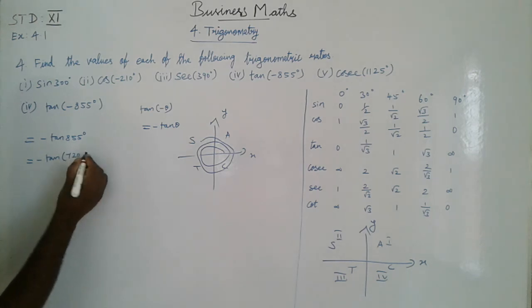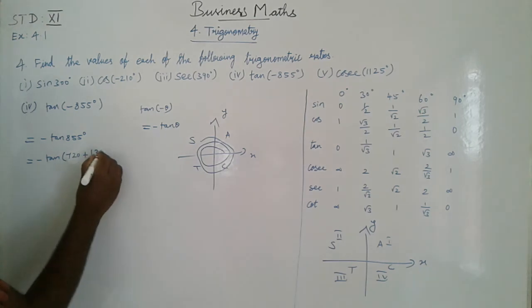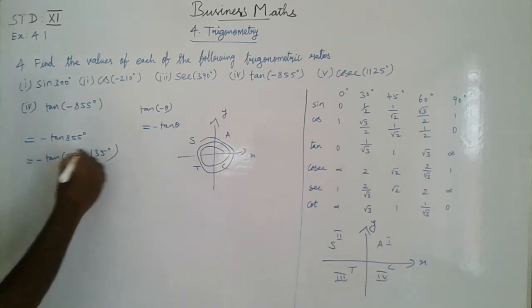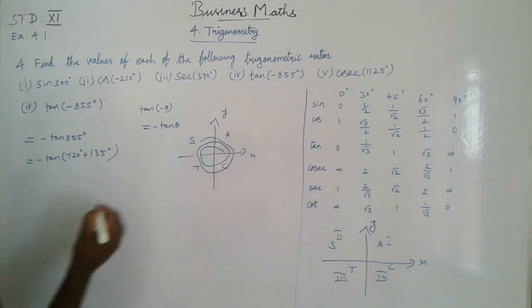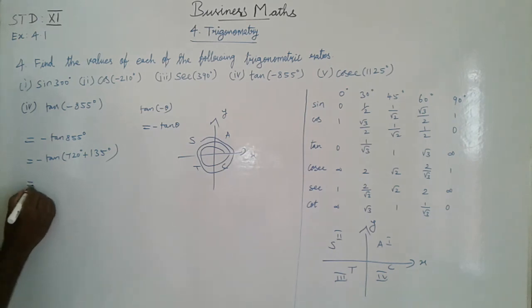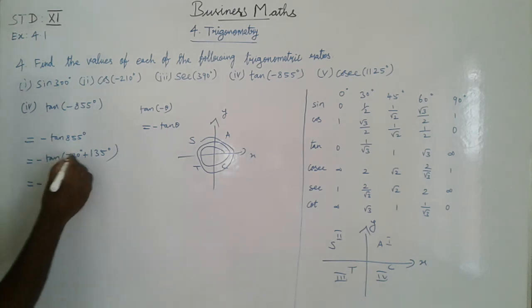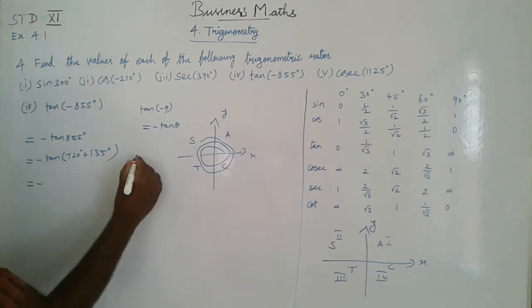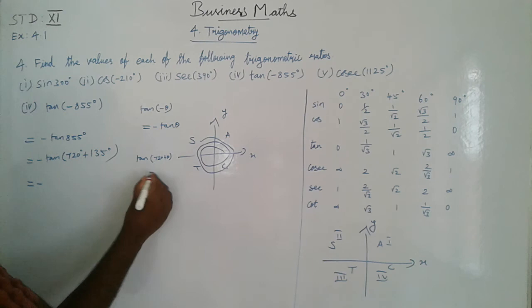So minus tan of 720 plus 135 degrees. Two rounds completed, so we take tan of 720 plus theta as tan theta.